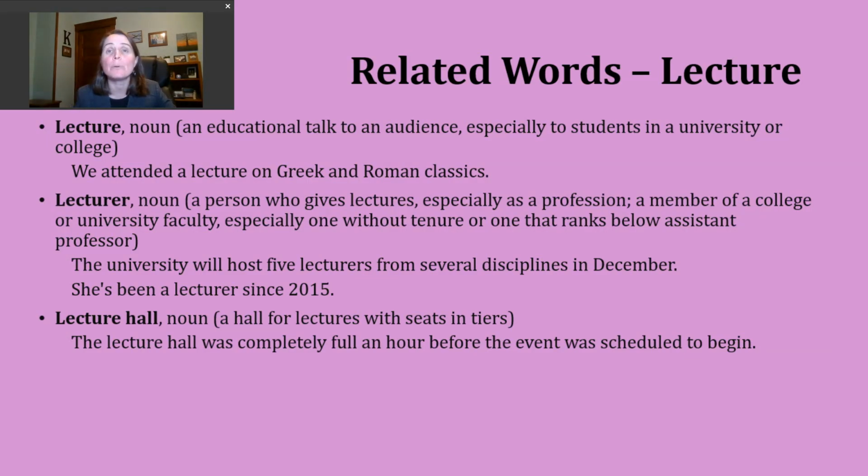So an example of this might be, the lecture hall was completely full an hour before the event was scheduled to begin. So there must be someone really important or really interesting speaking that has filled this particular space so far in advance of their scheduled talk.